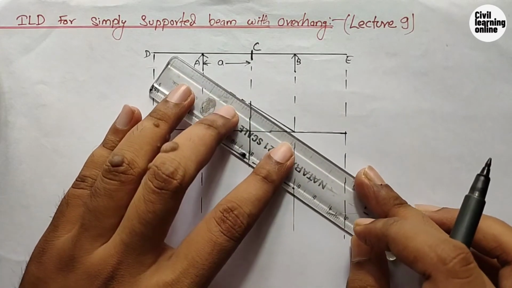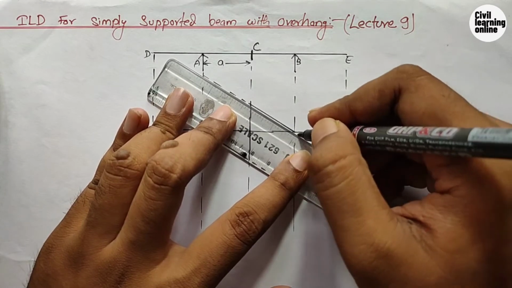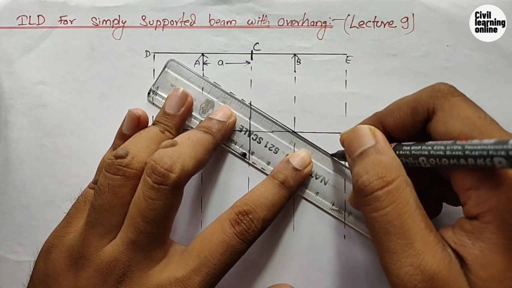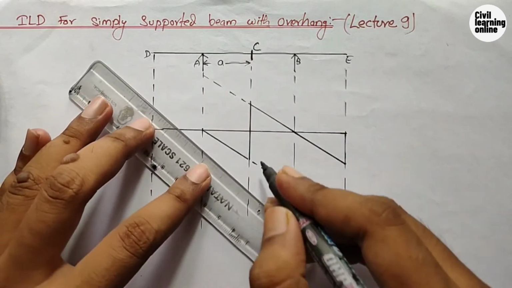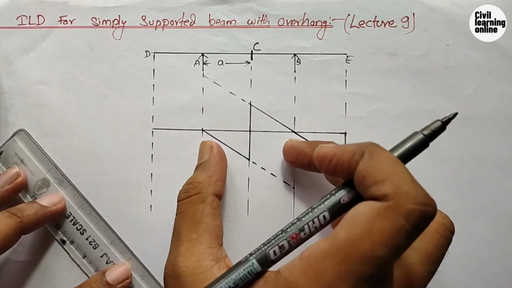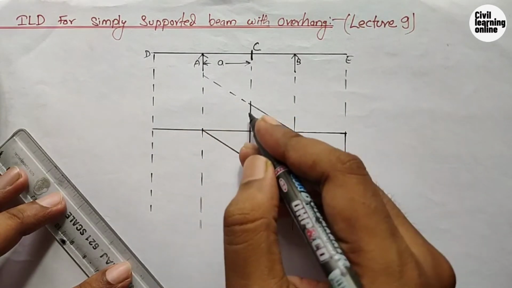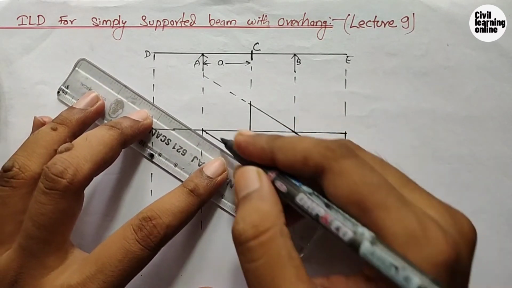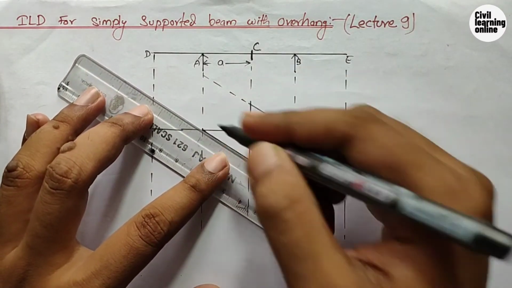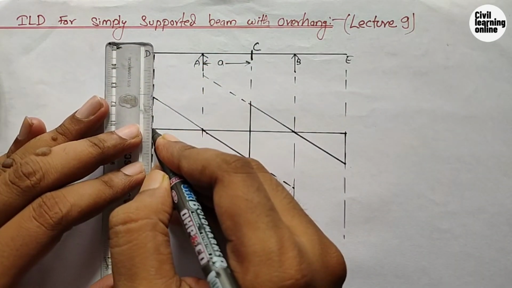So what we need to do is simply produce this line downward and join it here. Similarly, once you have drawn the influence line diagram for the simply supported beam, simply produce this line backward, and produce the line which was for the reaction at B upward.